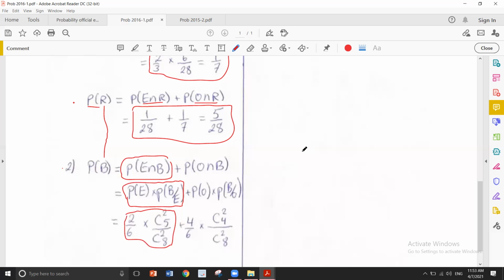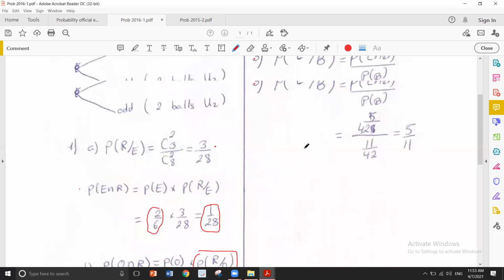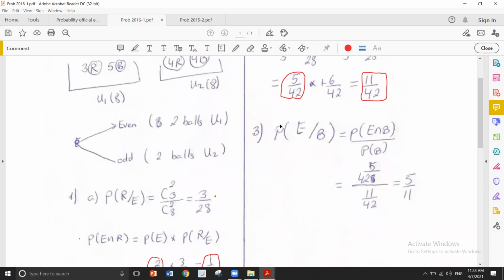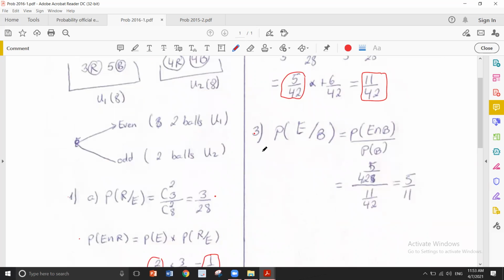With the probability of black, we have the result. So we get the answer. This is E intersection B, 5 over 42. So 5 over 42 over 11 over 42, we get 5 over 11.